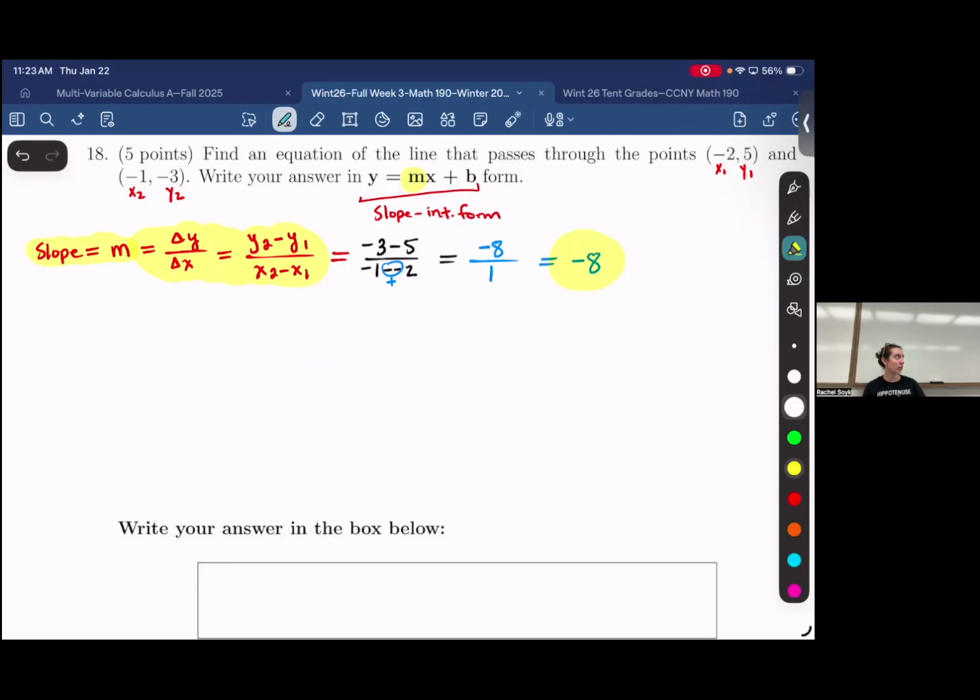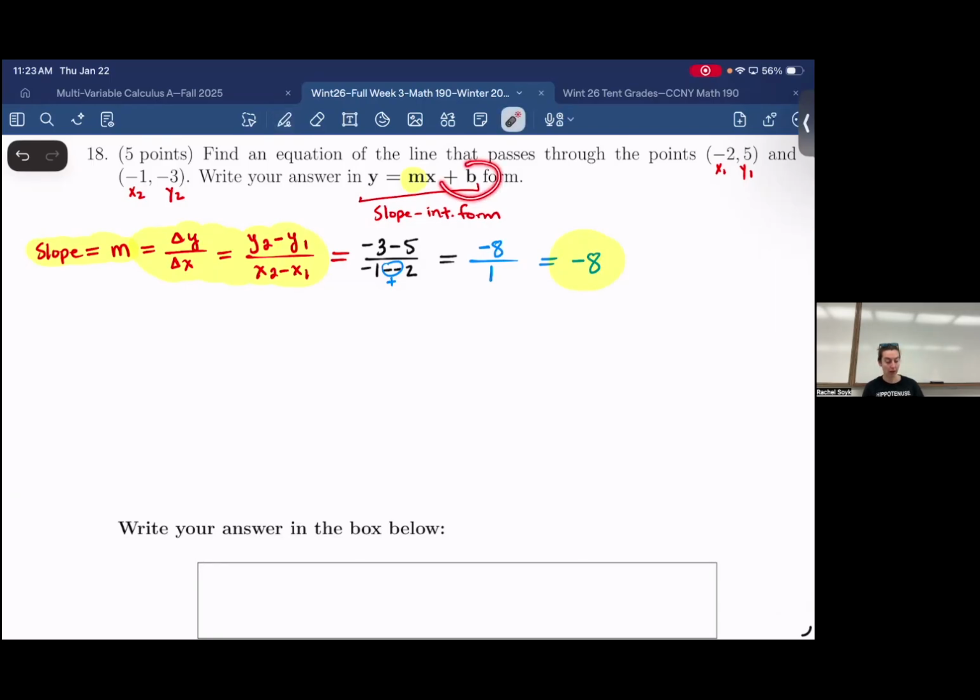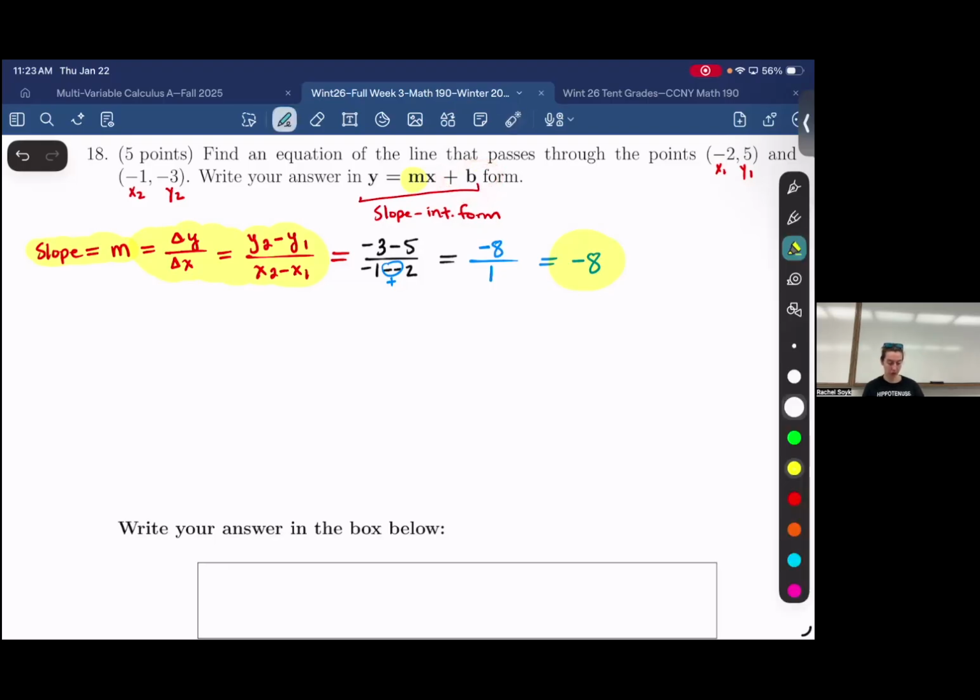And then we need to find our y-intercept, which is our b value. But we can utilize our point slope formula first since we have points. And we have our slope that we just found.